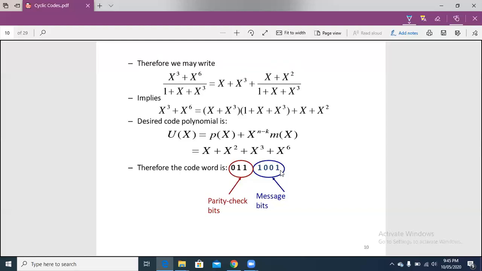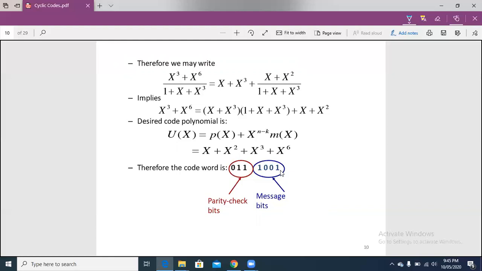So here we have the generator polynomial for the systematic form, and we have the shifted version of the code word in the non-systematic form as well.